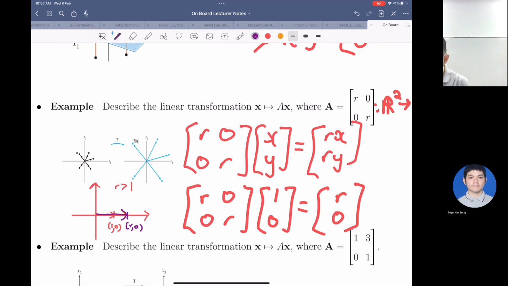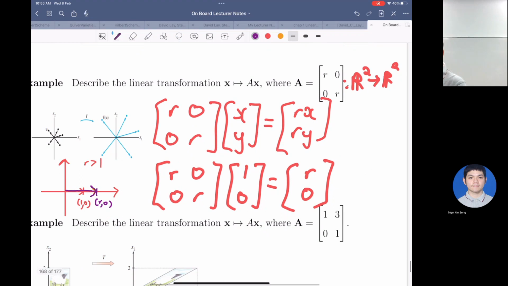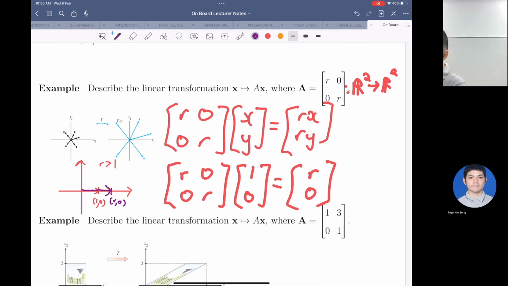If r is smaller, then it shrinks. You all see? So this matrix will scale the vectors by a factor of r. That's all.